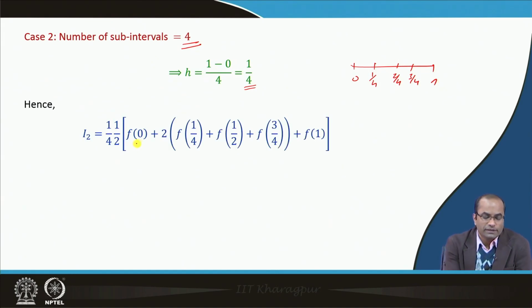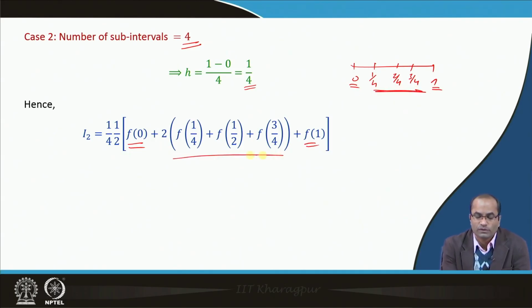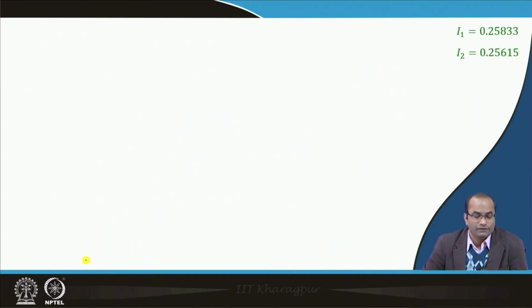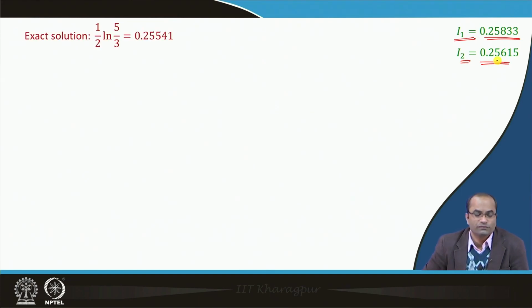We apply f0 and f1, and 2 times all internal nodes, and this can be simplified to give 0.25615. So with h equal to 0.5, we have 0.25833, and with the smaller h equal to 0.25, we get 0.25615.